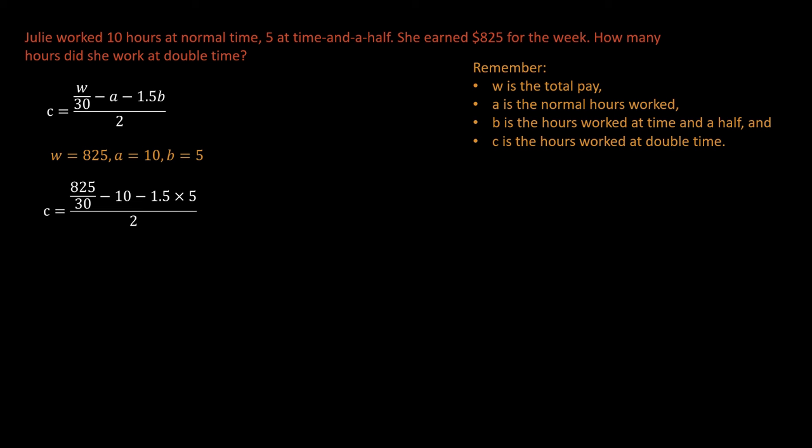And then once you're done, you can just type that into your calculator and it'll do it all for you and you get C equals 5. But remember, if it asks you a real world question, you should give a real world answer. So instead of just leaving it as C equals 5, we're going to say, therefore, Julie worked 5 hours at double time. Just like if someone asked you a question in real life, you would answer it with real life words.